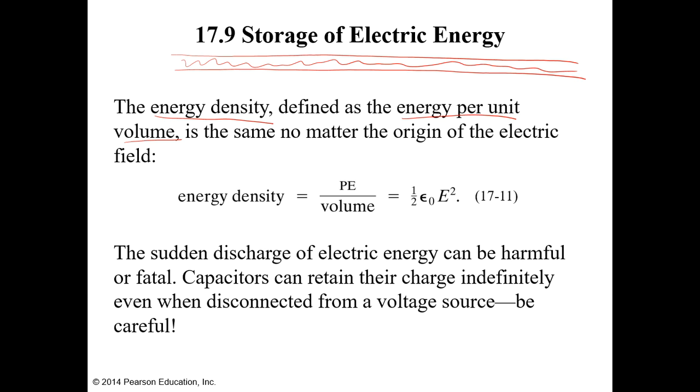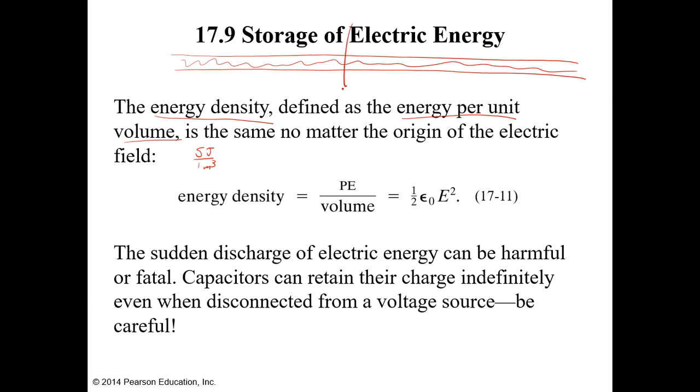So instead of talking about the total energy, we're going to use something that is constant no matter how much you cut it, and that is the energy density. So if I say my energy density is 5 joules per cubic meter, then this parallel plate capacitor I have at the top of the screen stores 5 joules per cubic meter.